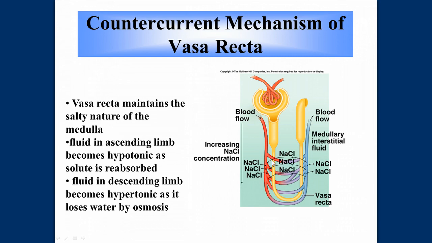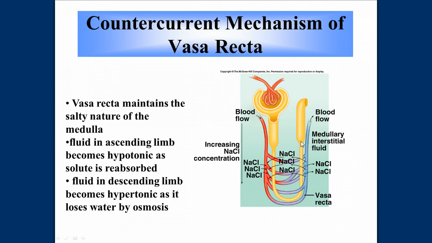Now it can't be too salty, so the vasa recta will allow for the movement of these ions back into the bloodstream, because you need a certain amount of sodium and chloride in the blood, sodium for different metabolic processes and actions. So you're going to have some in the interstitial fluid, and some is going to be reabsorbed.